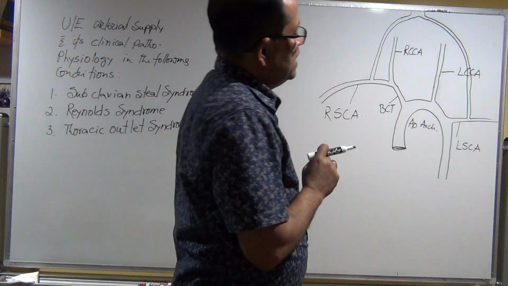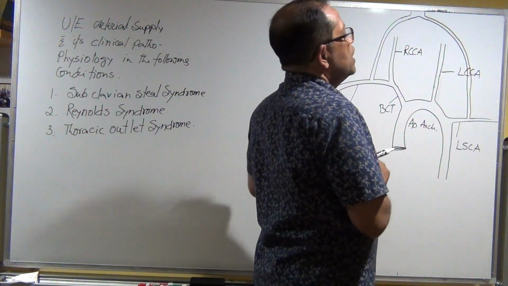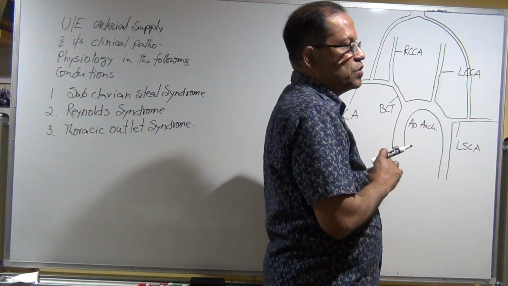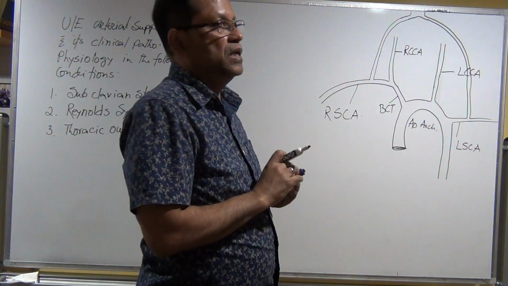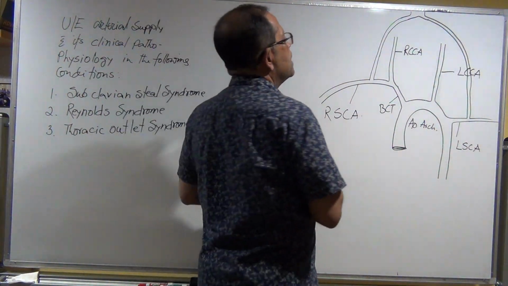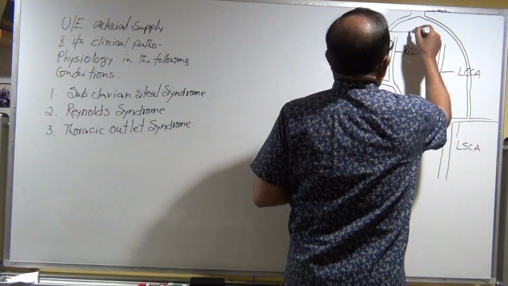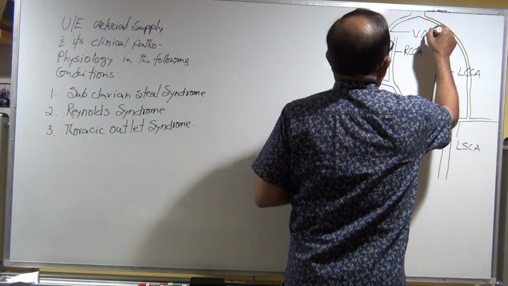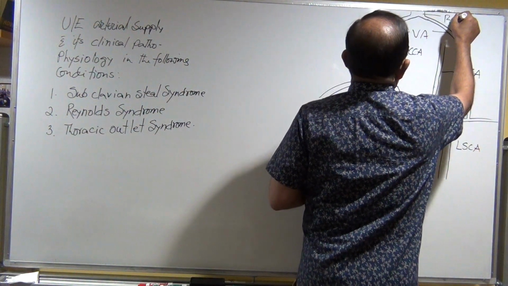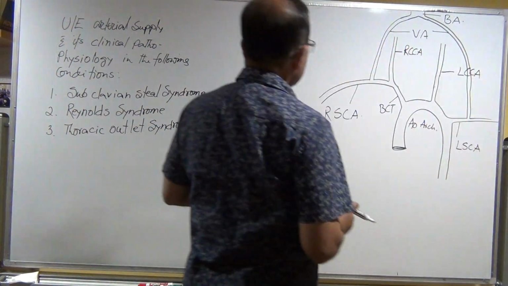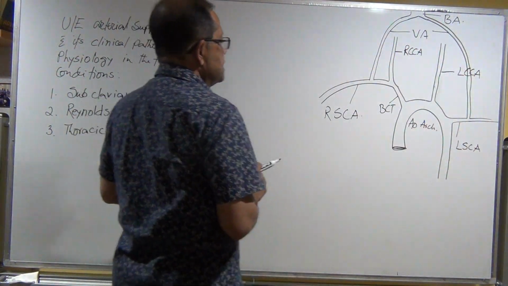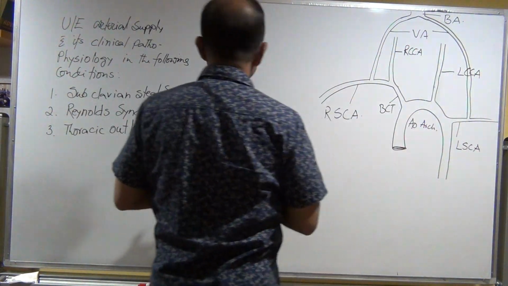And the vertebro-basilar system constitutes the posterior 1/3 of the brain supply. So these are the vertebral artery, VA, and this is the basilar artery, BA. Okay, so our discussion is subclavian steal syndrome.